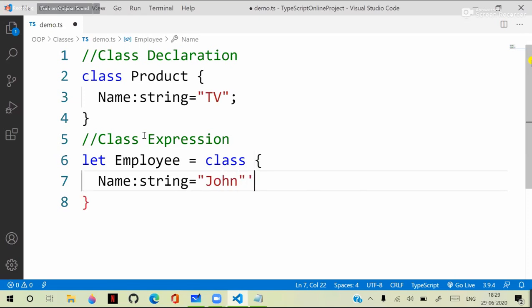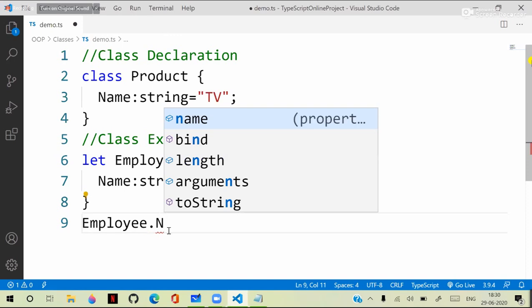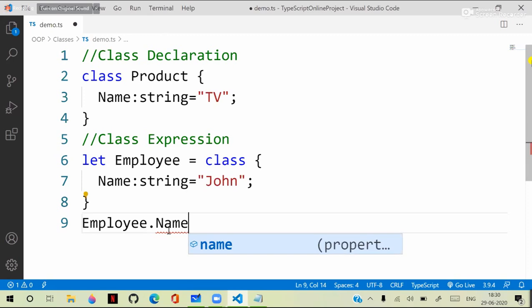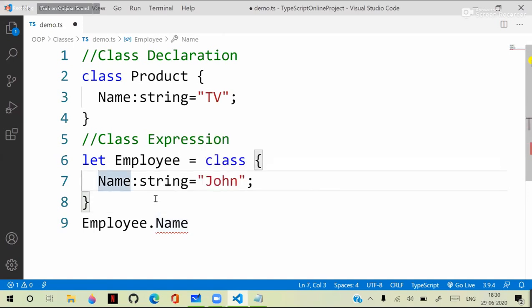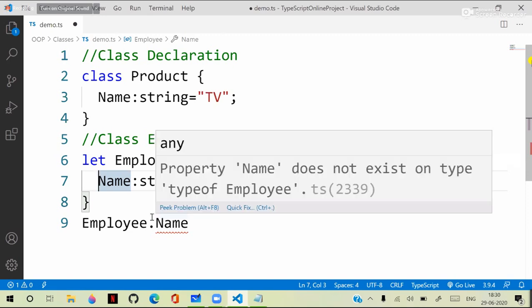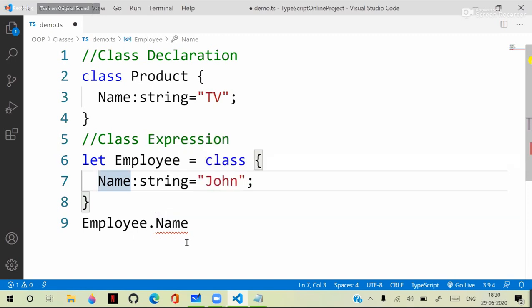Now I want to access the members of this employee class, so I'm using employee dot name. Employee is an object. Here I am configuring that. But usually this name is not a property like this, because we need some access specifiers and modifiers. I will tell you what those are and how to define them, because a lot of things are there here.